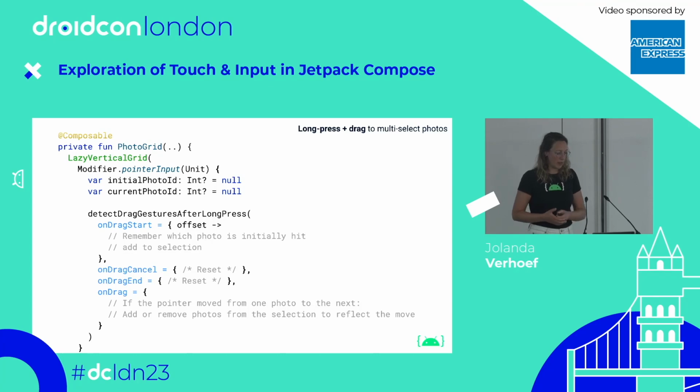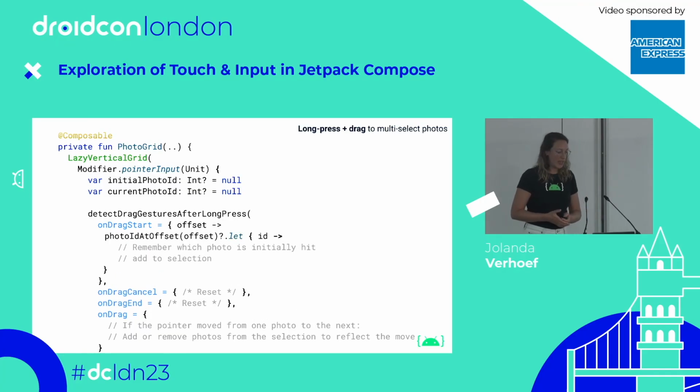In the on-drag start lambda, we get an offset that indicates where in the bounds of our lazy grid the pointer went down. We can use that offset to find out what photo the user is pointing at using a helper method. You can find the implementation of this in the gist. Again, I know that this is the meaty part, but trust me, it's hard to explain in 40 minutes.